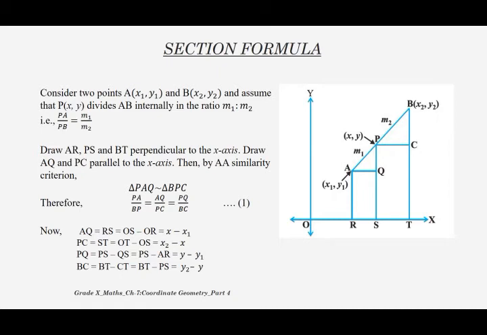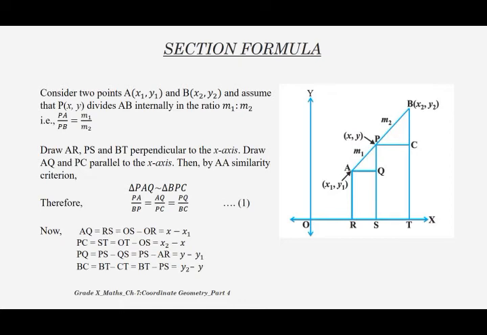Okay, we will draw perpendiculars AR, PS, BT to the x-axis and draw AQ and PC parallel to the x-axis. By AA similarity criterion for the triangles PAQ and BPC, we can write them in the ratios.